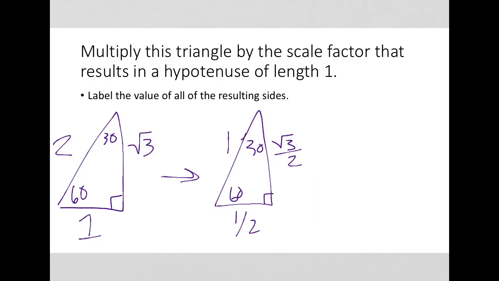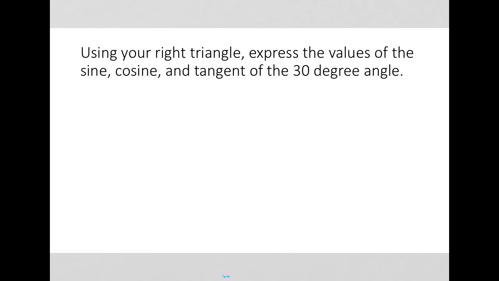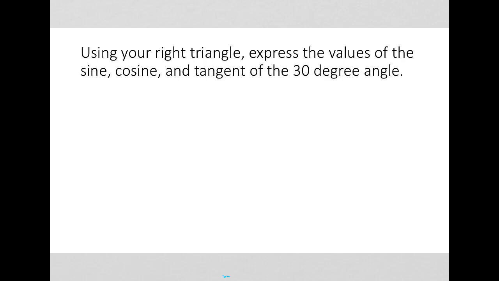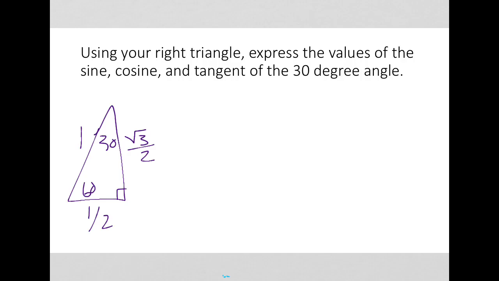So now we're going to have two tasks, just like we did before. We're going to want to list the sine, cosine, and tangent values for that 30-degree angle. Okay, so sine of 30 degrees is the opposite side, 1/2, divided by the hypotenuse.